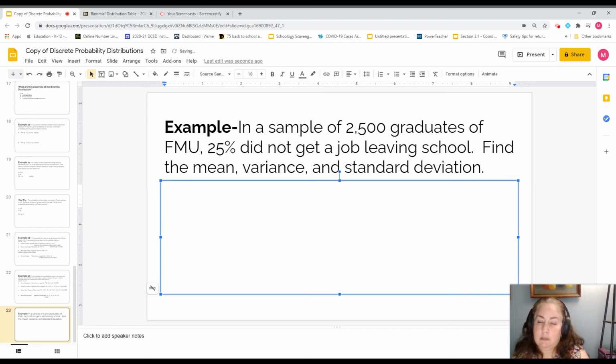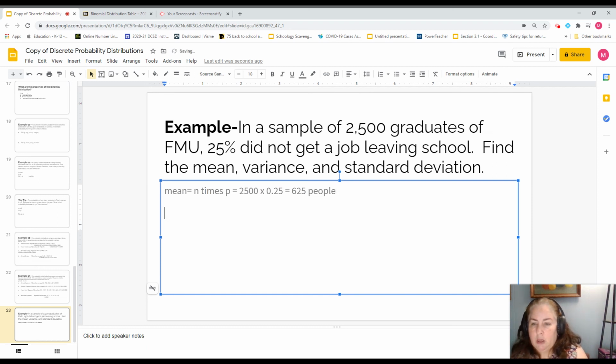That's a P times an N. So the mean is simply the N times the P, all right? So here we have an N that is 2,500, and we have a percentage which is 0.25. So 2,500 times 0.25 is 625. So we would expect 625 people leaving Francis Marion after they graduated not to have a job if that percentage is true.